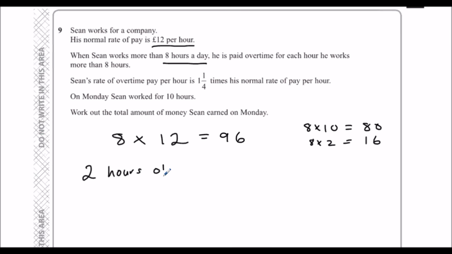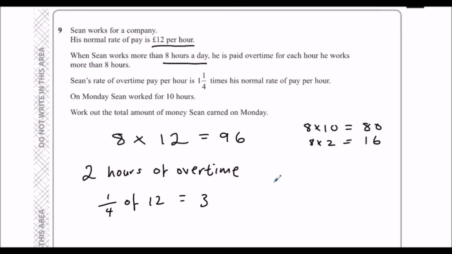We need to know how much he gets paid for an overtime hour. So his overtime pay is 1 1/4 times his normal pay. His normal pay is 12, and we want 1 1/4 of that. So 1/4 of 12, 12 divided by 4, is 3.